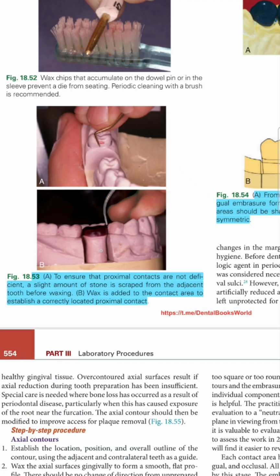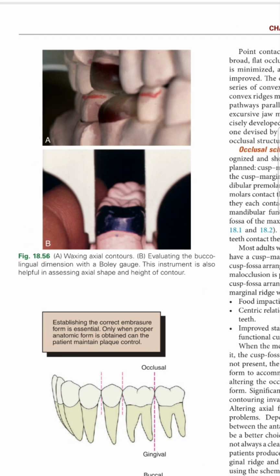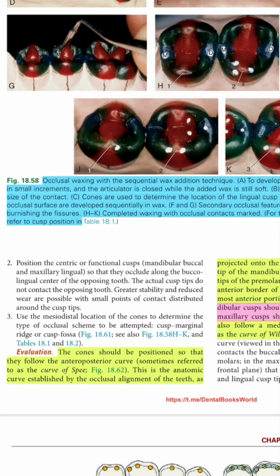To ensure the proximal contacts are sufficient, a slight amount of stone is scraped from the adjacent tooth before waxing, and then the wax is added to the contact area to establish a correctly located proximal contact. After finishing the proximal contacts and the axial walls, now we go to the occlusal surface.